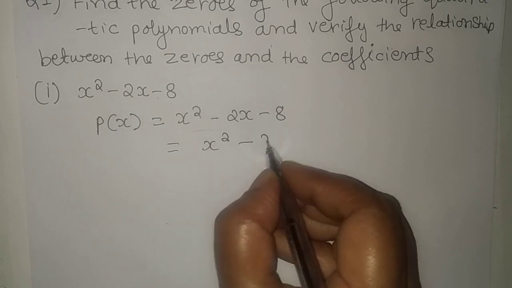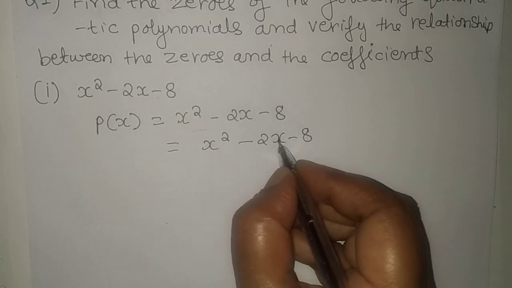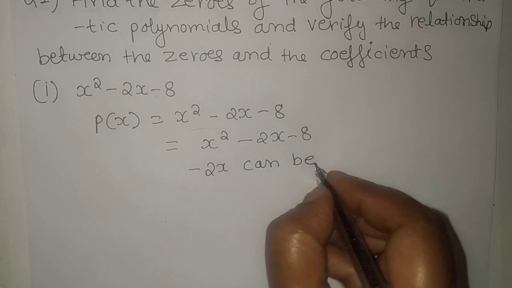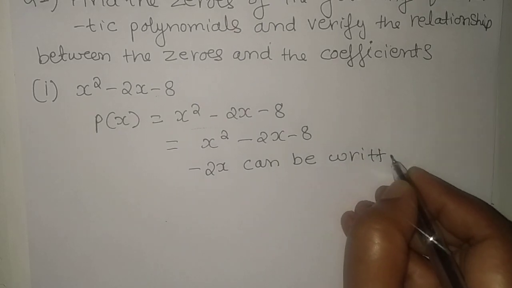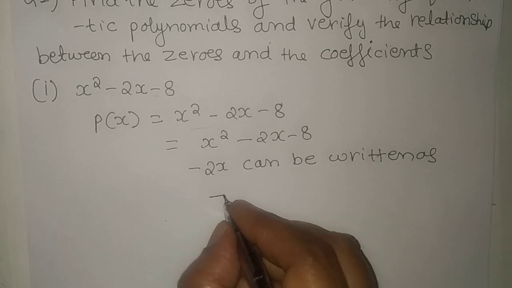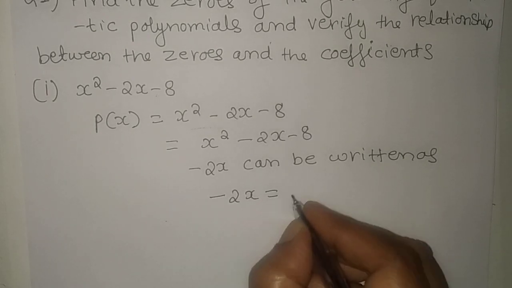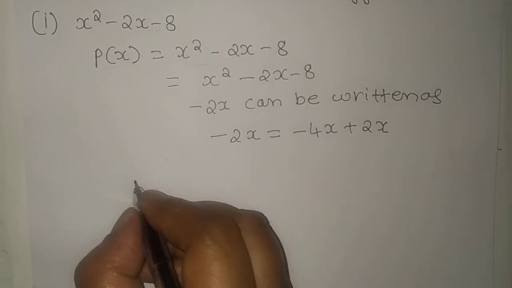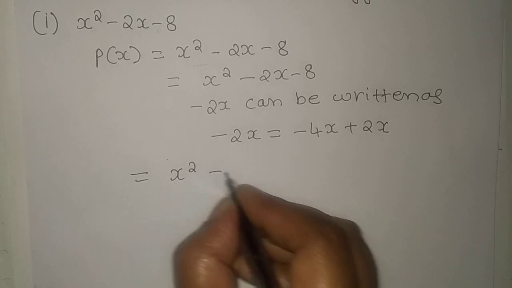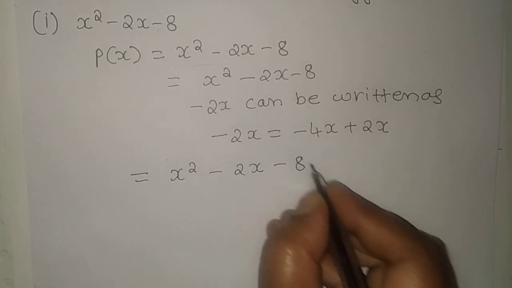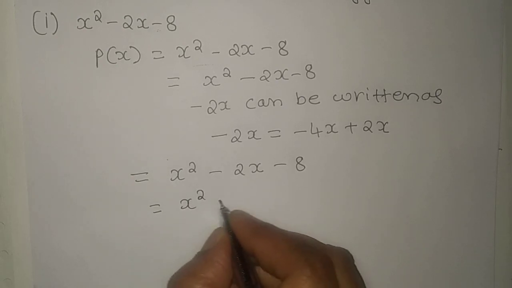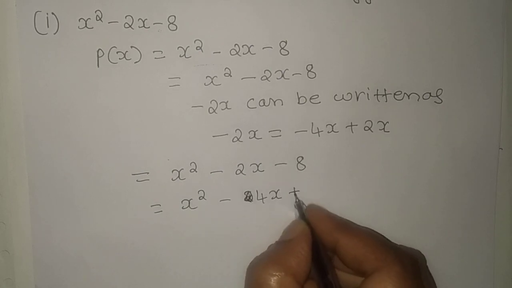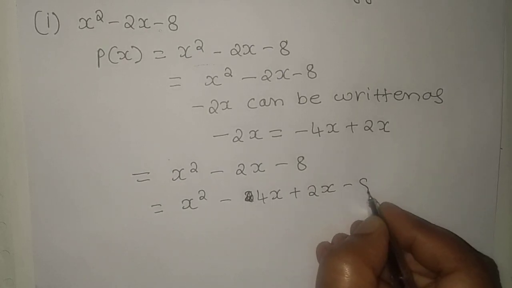Minus 2x can be written as minus 4x plus 2x. Substitute this in the above equation. Now x² minus 2x minus 8 can be written as x² minus 4x plus 2x minus 8.